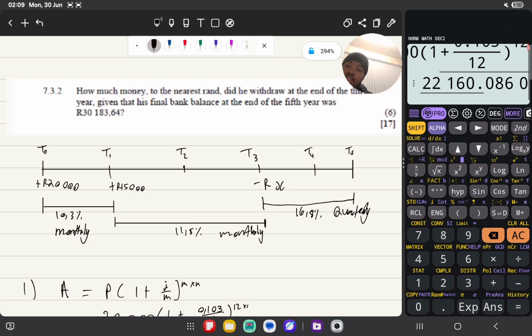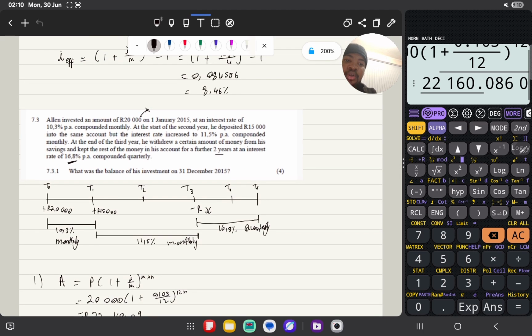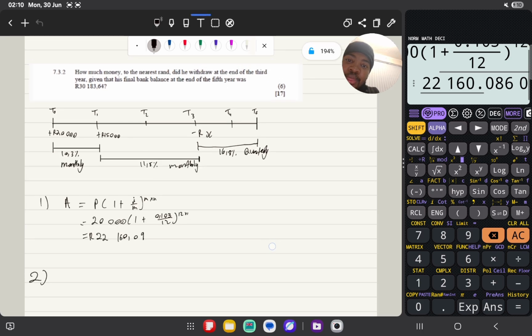How much money to the nearest rent? Did I say to the nearest something this side? Let's see. No. Okay, so how much money to the nearest rent did he withdraw?